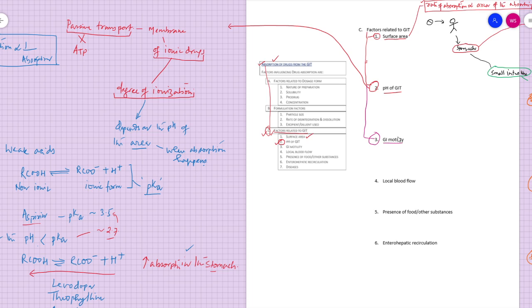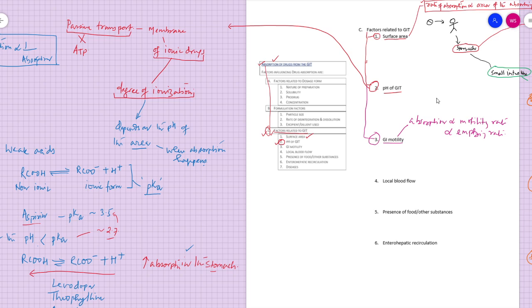The rule of thumb is that absorption is directly proportional to the motility rate, and it is directly proportional to the emptying rate. Okay, so let's see what this means.